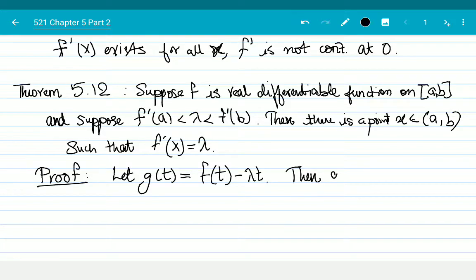Then g prime of a is smaller than 0. Why is this true? Well, f prime of a is less than lambda, right? What is g prime of a? It is f prime of a minus lambda, right? The t goes away when you take the derivative.